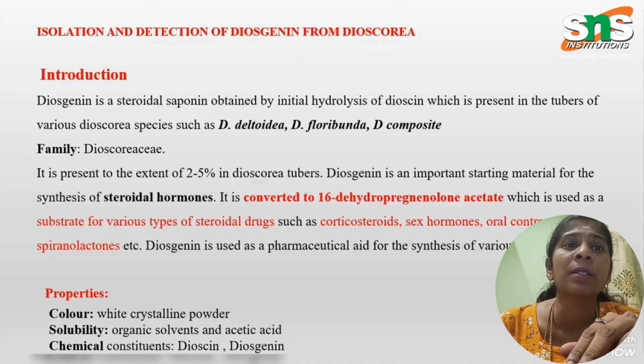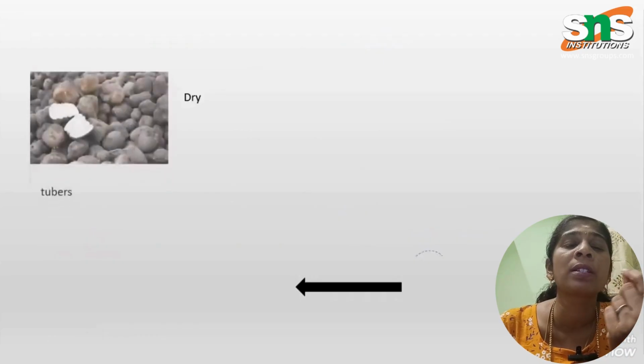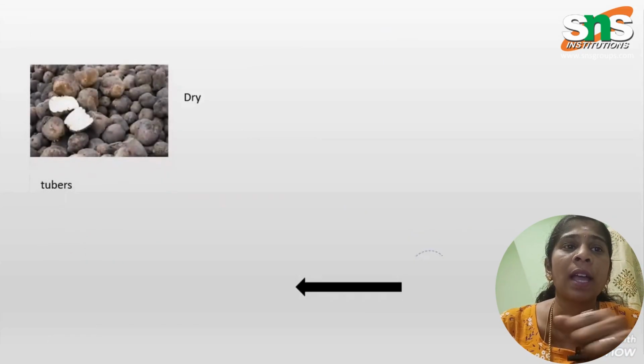Coming to the next, that is the principle of the isolation. Diosgenin is white crystalline, soluble in organic solvents and acetic acid, and its chemical constituents are dioscin and diosgenin.